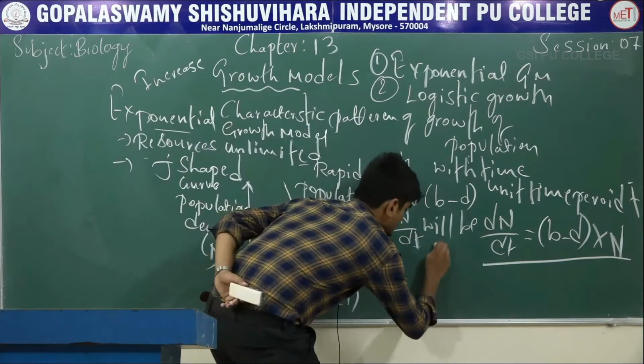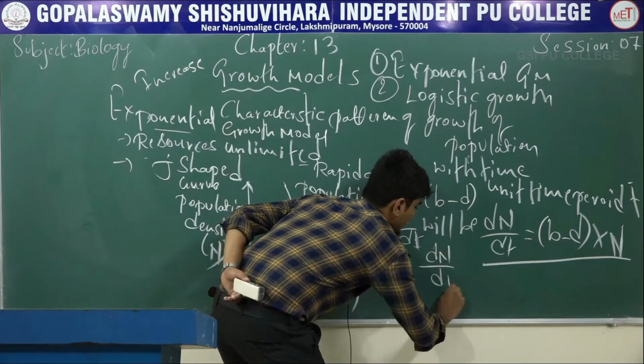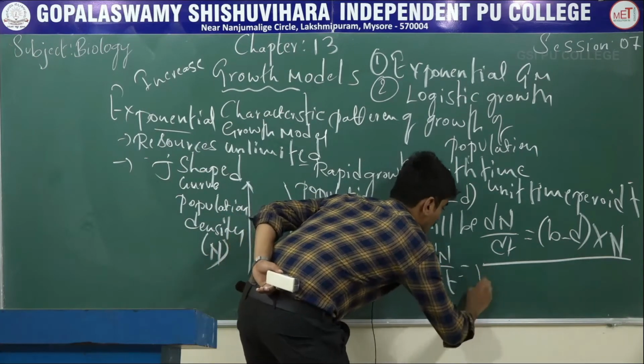Again, the equation can be written as dN/dt equals rN.